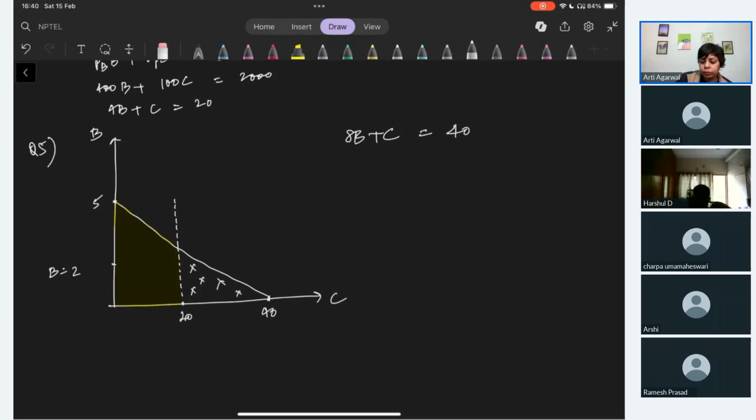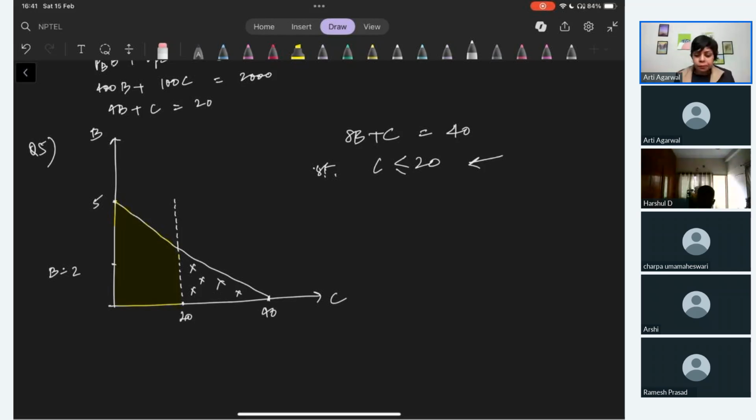Now there is one condition here such that C is less than or equal to 20. So if you don't write this condition, you are missing out on how you are going to represent this constraint mathematically. Without this condition, your answer is incomplete, basically, right?